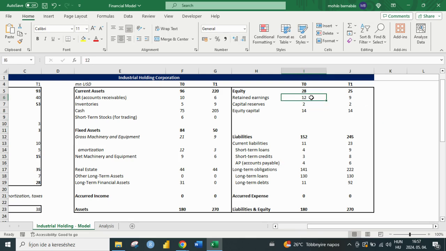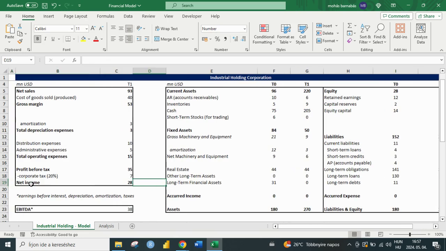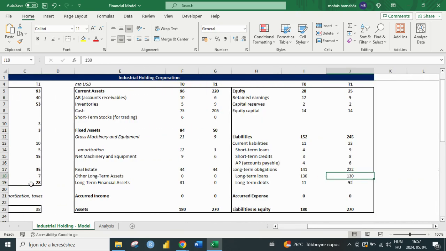And the retained earnings are the part of the net income, which was computed here, that is not paid out to the clients as dividend. This means that money that was produced by the corporation stays in the corporation.